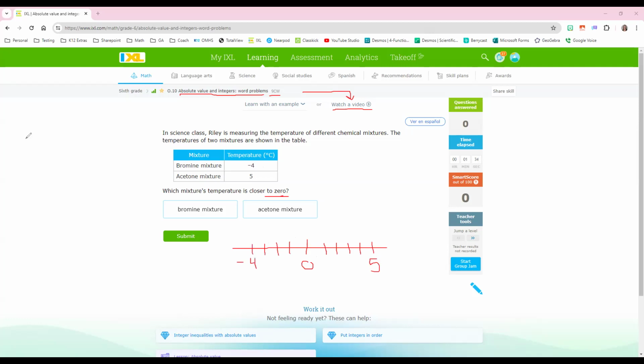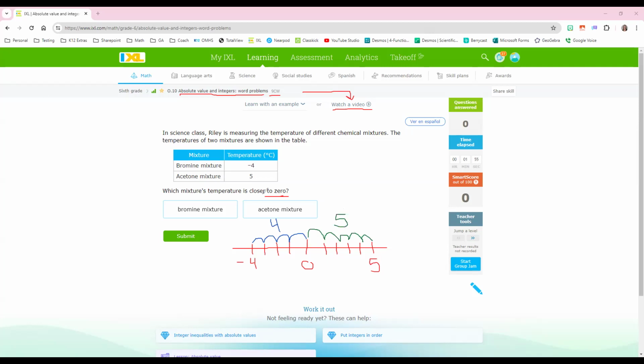So one of the ways that you could do this is you can physically count and say, okay, well, -4 is 1, 2, 3, 4 units away from 0. And then 5 is 1, 2, 3, 4, 5 units away from 0.